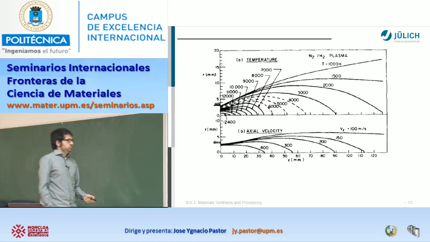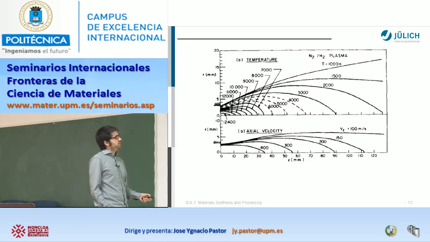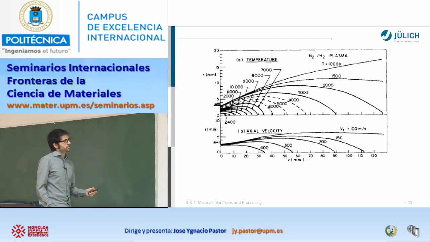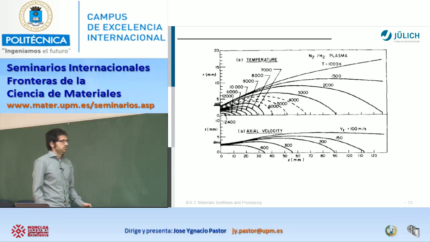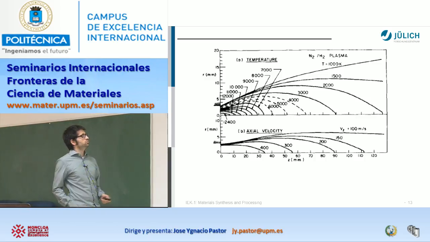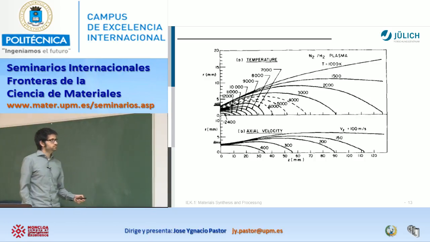And here, to have an idea, of the radius as a function of the temperature using this plasma. It's a typical one, the nitrogen hydrogen plasma, as a function of the distance at which you put your coating.